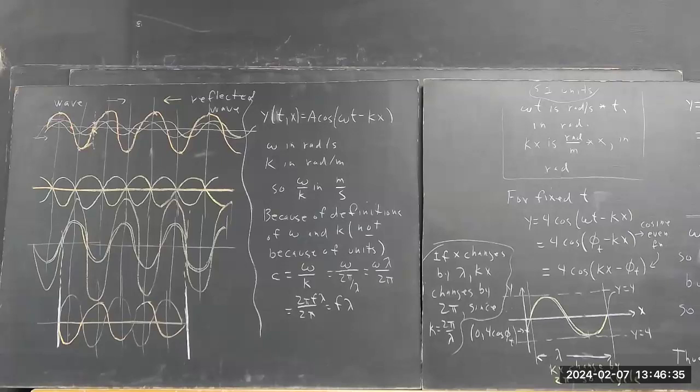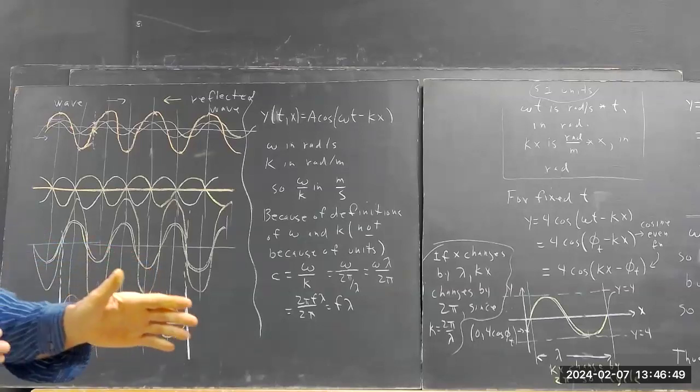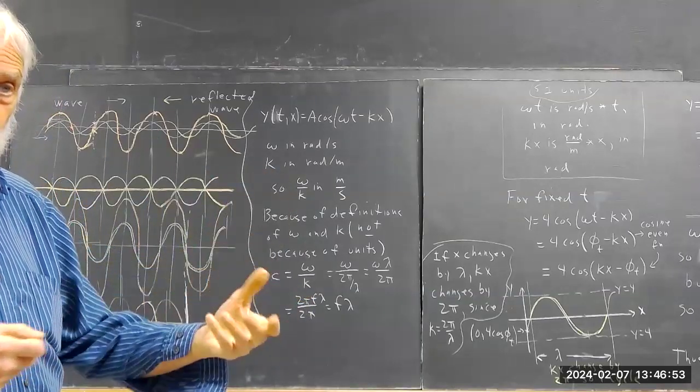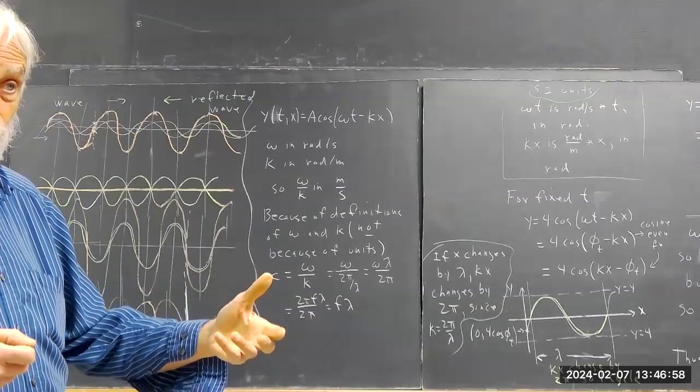That would cause one, two, three, four nodes. A node being a point, or if you looked at that thing, there was always a series of points that really weren't moving much. They're moving a little bit because nothing is perfect.